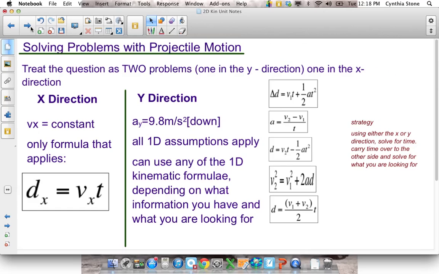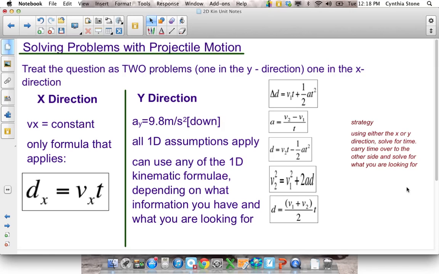So write down what you need to here, and as I've said a few times, you treat this problem as 2 questions, where the time is constant in between them, right? So the strategy is you take either the x direction or the y direction. Where you can, given the information you have, you solve for time. And then you can carry the time over.